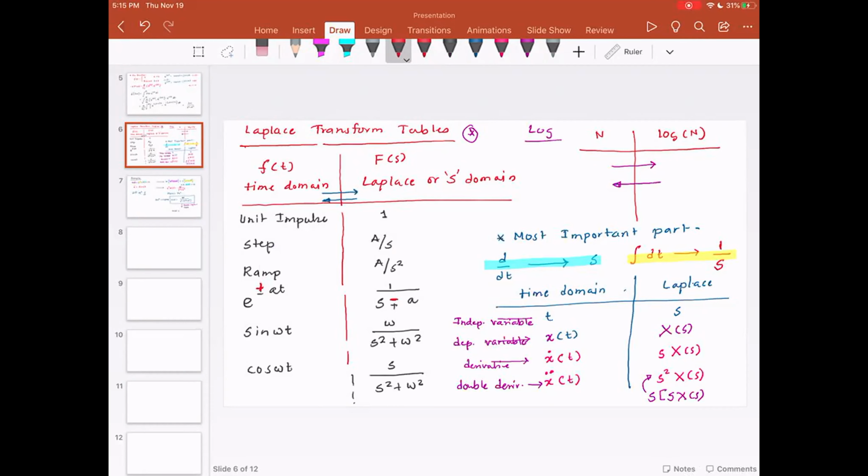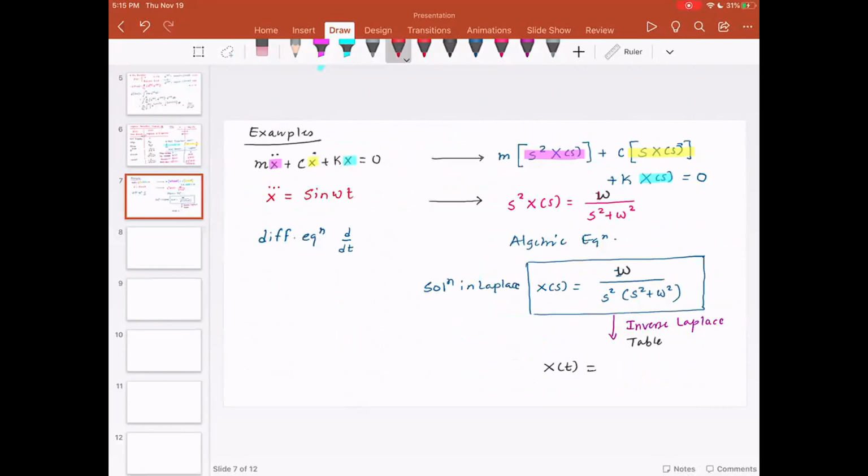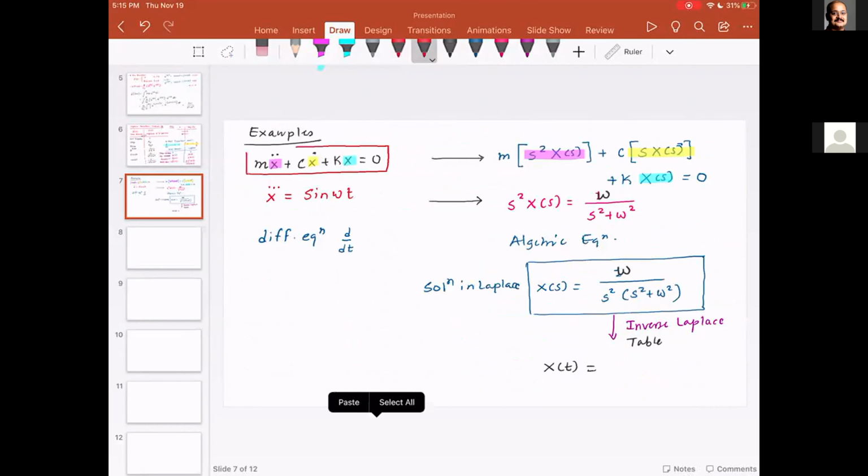Okay. Any other questions before I proceed further? Now, let me set up the problem. I want to solve this differential equation using Laplace transform, but I am going to use MATLAB.